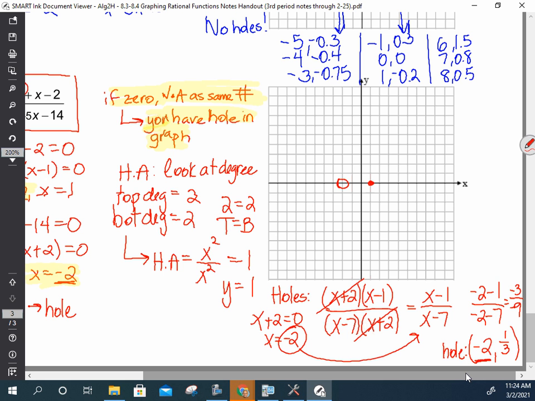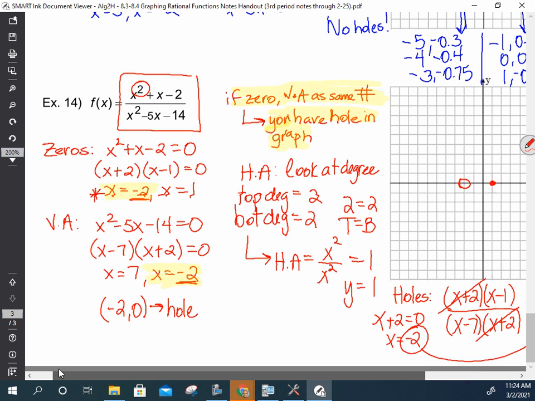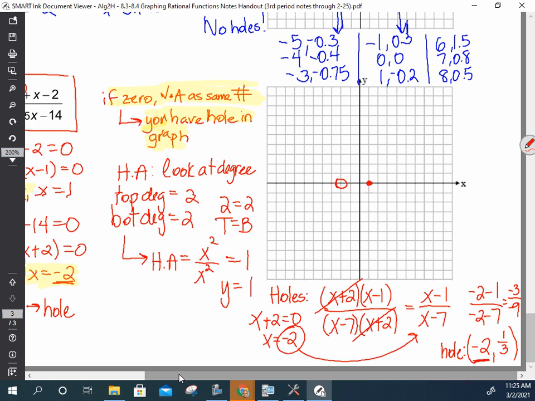So now let's graph. The zeros we already put on the graph. The vertical asymptotes were -2 and 7. So -2 already has a hole on it. So we wouldn't put a vertical asymptote where a hole is. The hole is there, we leave it alone. Go to 7. 1, 2, 3, 4, 5, 6, 7.